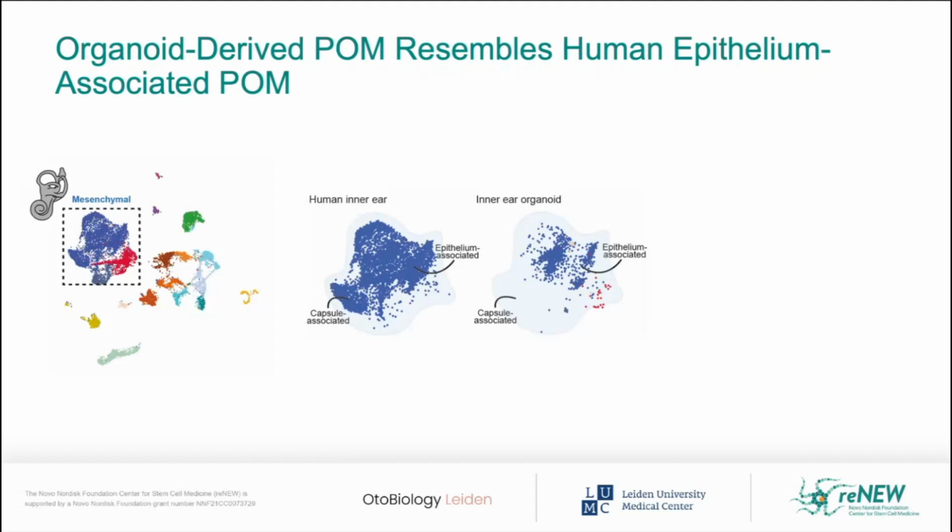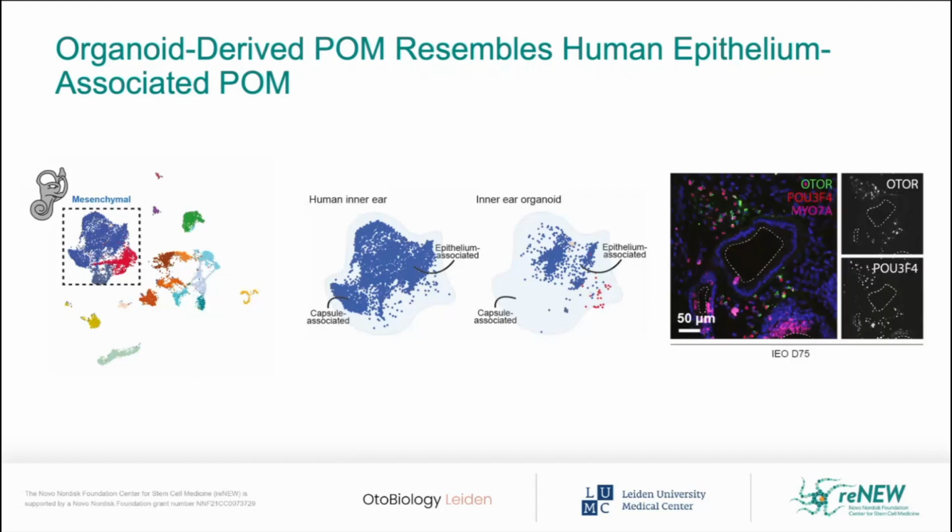If we project our organoid mesenchyme on there, we can see that it only partially overlaps; it mostly overlaps with the epithelium associated mesenchyme. We can of course also confirm this with staining. We did staining for one of the genes expressed within this mesenchyme, and you can see, surrounding vesicles with hair cells, these positive populations.